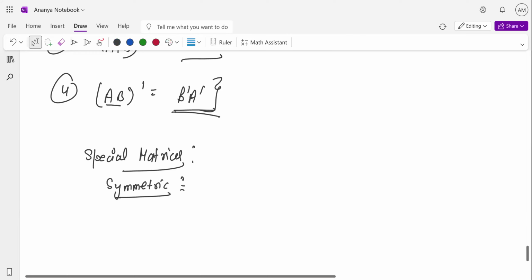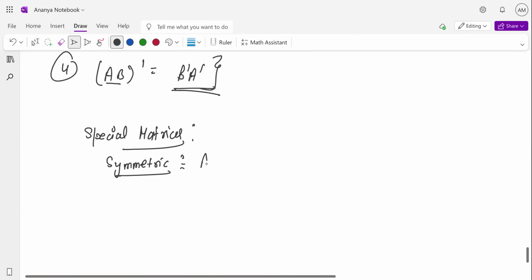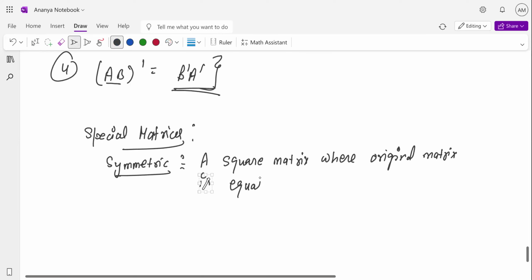Symmetric is, first of all, a kind of square matrix in which the original matrix is equal to its transpose. Clear? A square matrix where the original matrix is equal to its transpose.